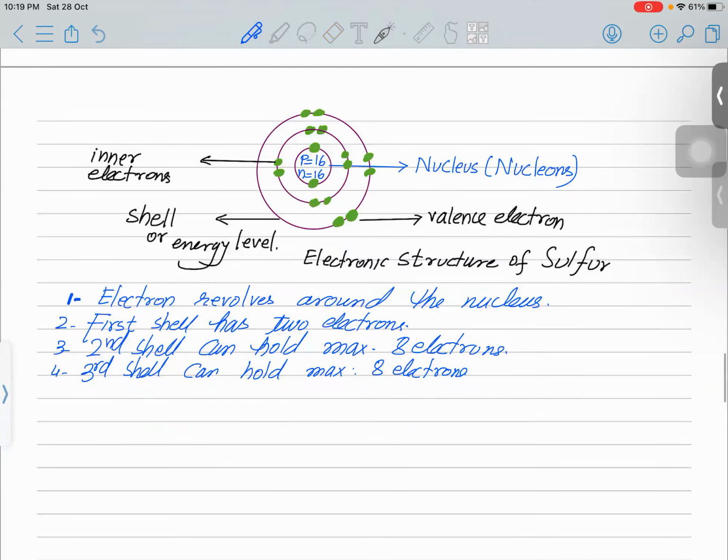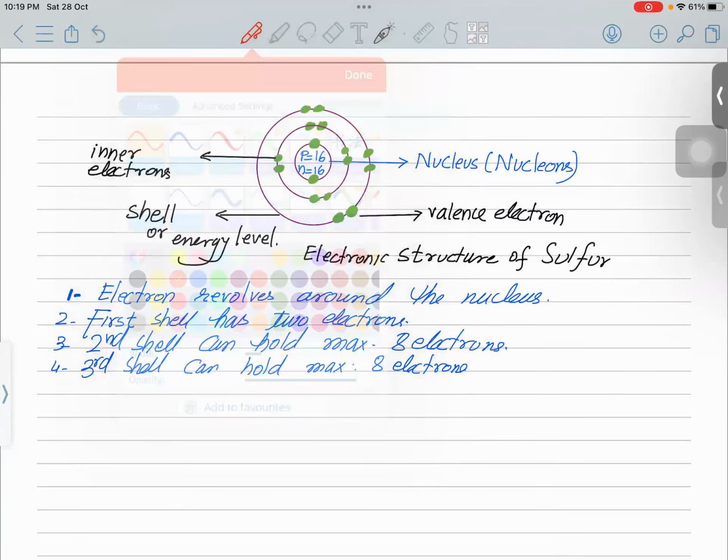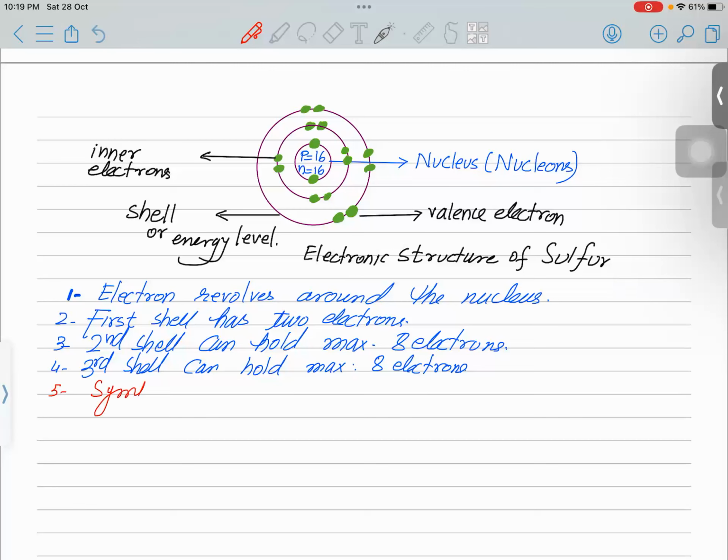So this is sulfur. The symbol of sulfur is S, with 32 and 16.